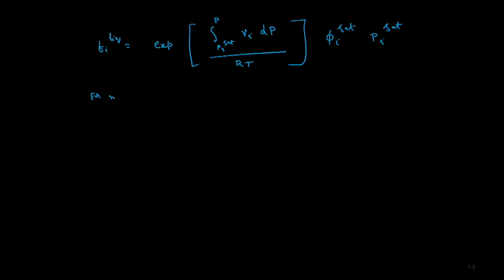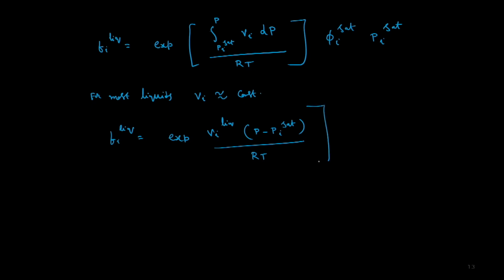For most liquids, over moderate changes in pressure from Pi sat to P, Vi is fairly constant. So I can take that out of the integral sign there, in which case this equation will reduce to exponential of Vi liquid times integral of dP, which will be P minus Pi sat, over RT, exponential of this term.